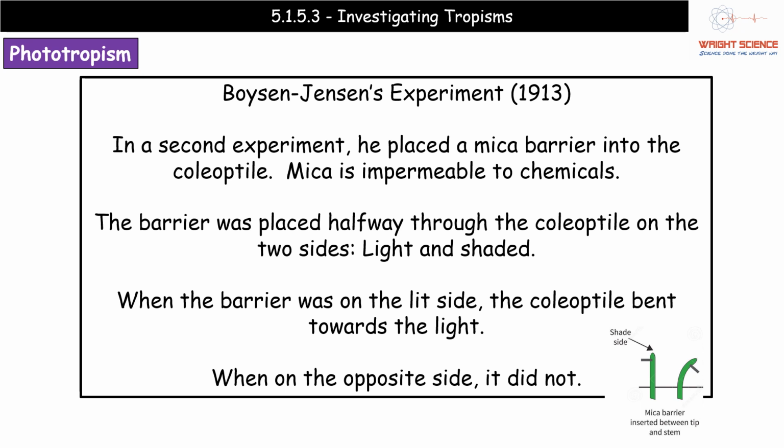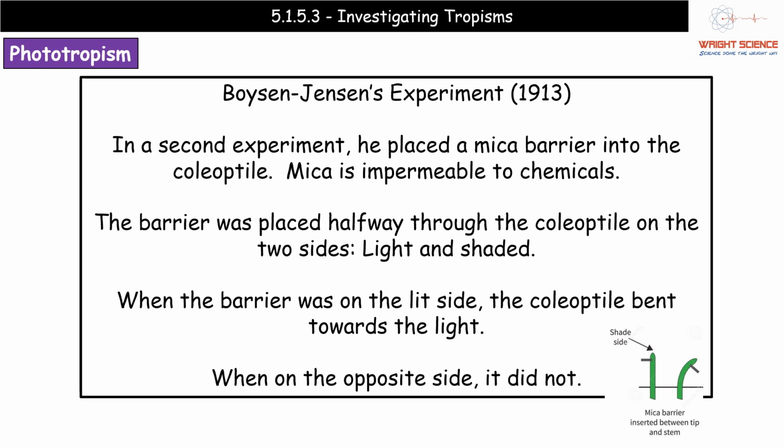So they followed it up with a second experiment, and what we then have is this little insertion of something called mica. Now mica is impermeable to chemicals, so this time he placed the mica barrier on one side of it, the shady side, but only halfway through that coleoptile. And then he did the same thing with the barrier on the lit side.